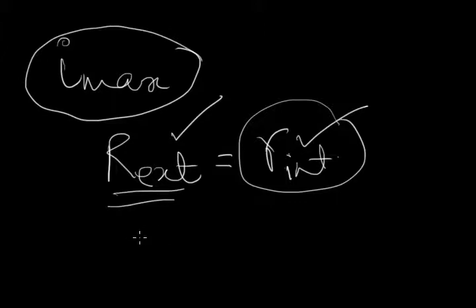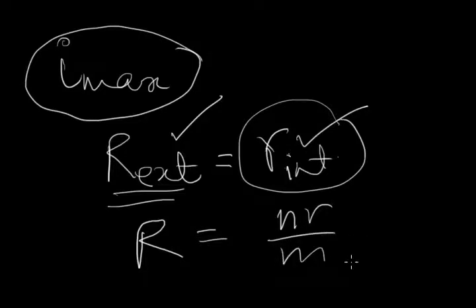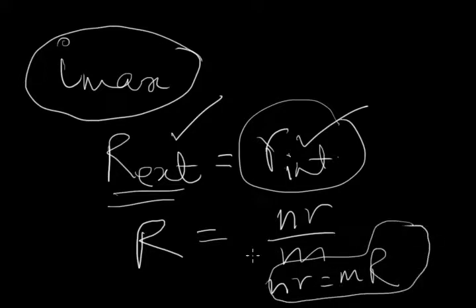To put it simply, the external resistance is R. And what about the internal resistance? It is nr by m. So we have a condition here that nr should be equal to mR for the maximum current. So this is the condition for cells, nr equal to mR, which is the condition for maximum current.